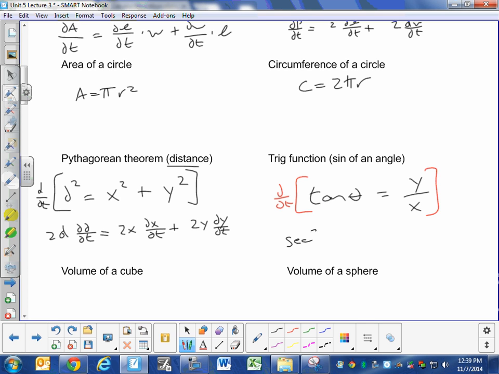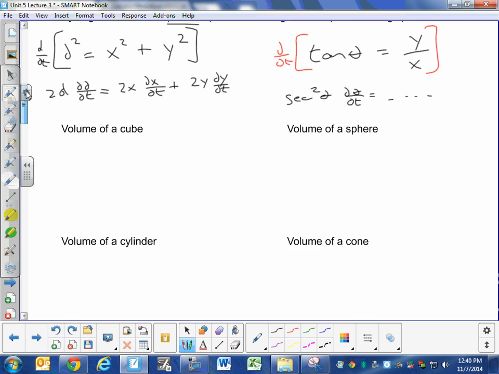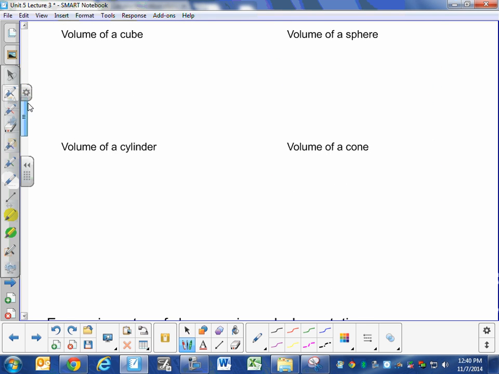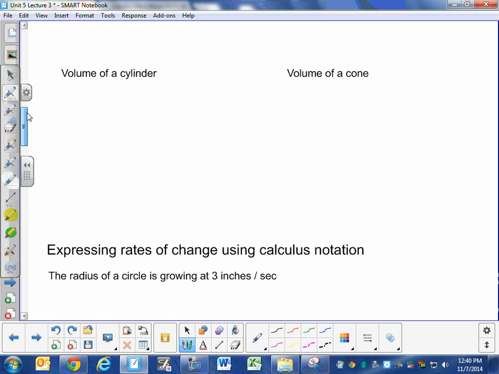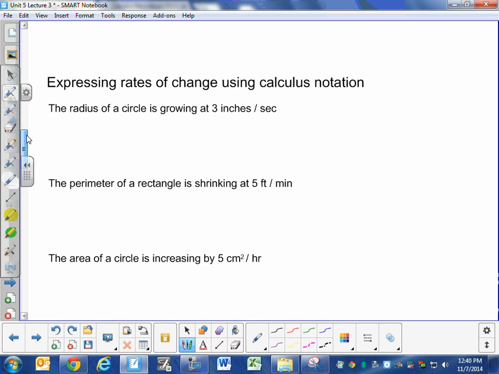We'd have secant squared theta d theta/dt is equal to quotient rule. Volume of a cube, sphere, cylinder, cone, we can take all of those things and find how they are changing at a specific moment in time.